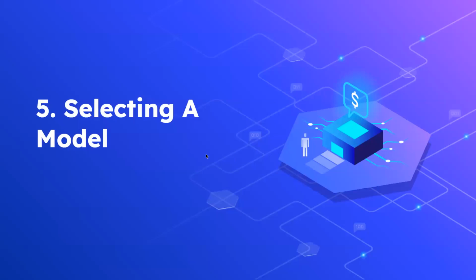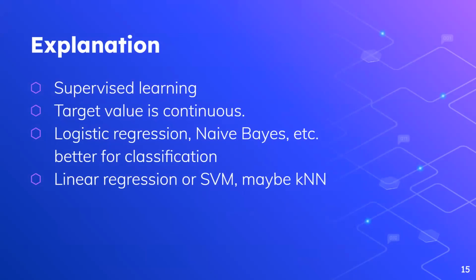Now Hassan will continue from here. I'll go on explaining which model we selected and why we selected it. We obviously have a supervised learning model because our inputs and target value are defined. Our target value is continuous.